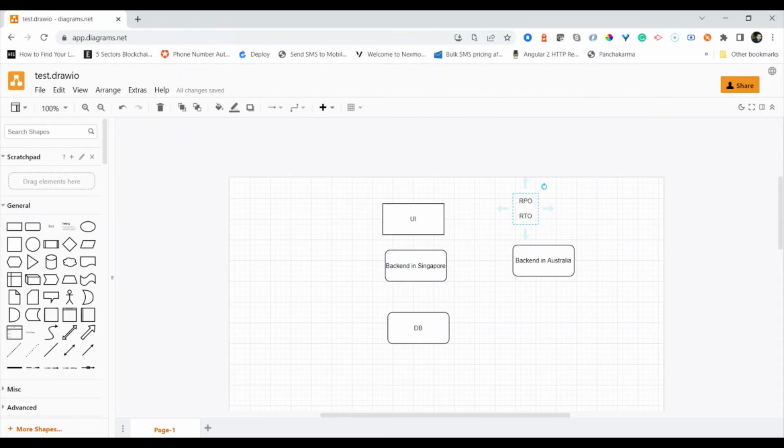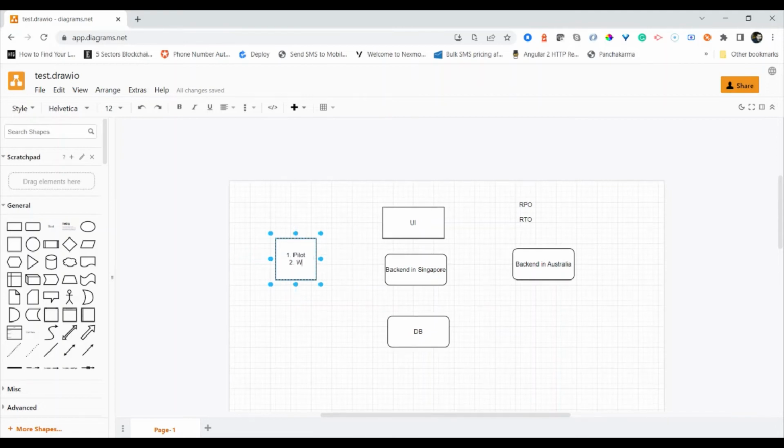Now, there are multiple kinds of strategies we need to follow while we are going for disaster recovery. One is pilot light. Then we have warm standby strategy.